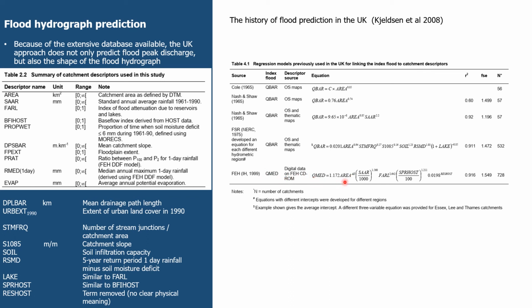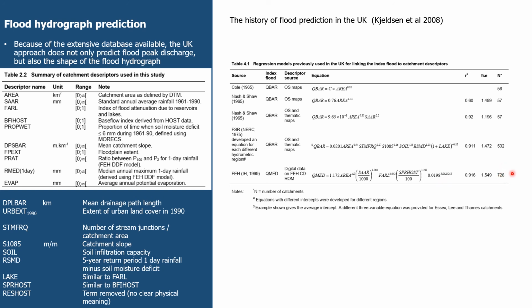Similar terms are used: catchment area, rainfall, the flood attenuation due to reservoirs and lakes term, a term that is related to base flow, and initially they used this term res host, and then it was very much an empirical term that didn't have a strong physical meaning, so it's been moved out of more recent equations and replaced by more detailed consideration of the rainfall and the soil moisture properties of the catchment.